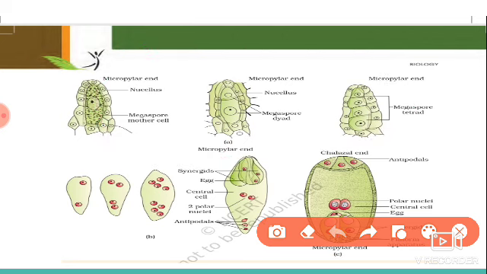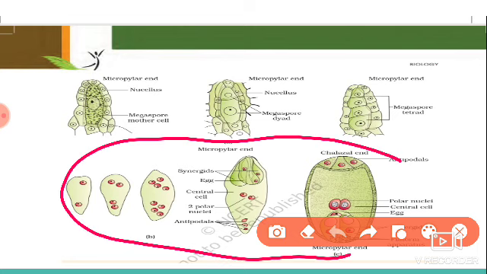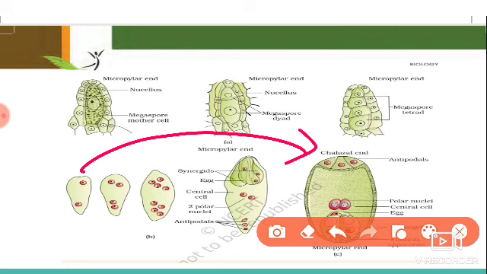Moving to the next important concept, that is the development of female gametophyte. How is the female gametophyte developed from here to here, because there is an arrangement of cells and everything.